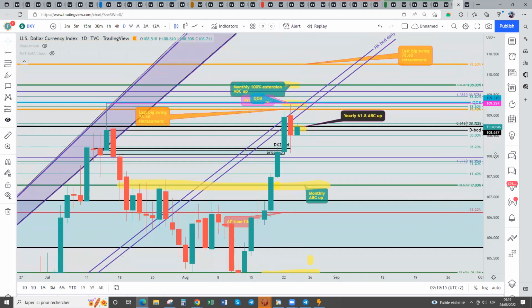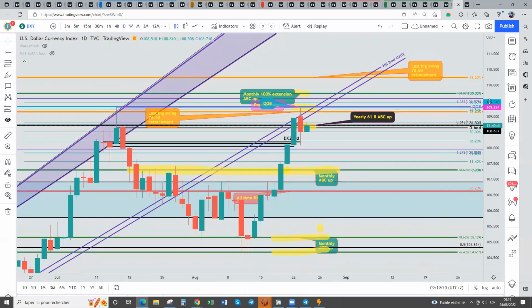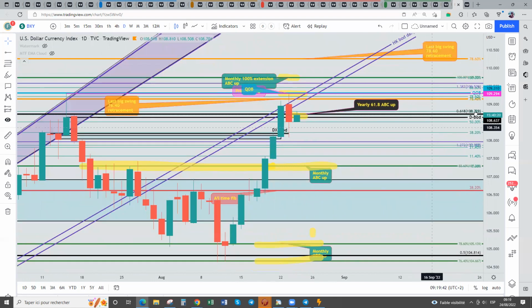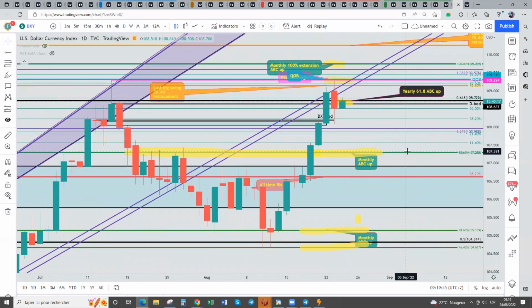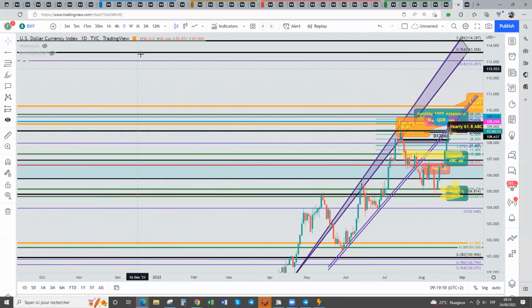Inside this week, with the Jackson Hole symposium and the central banker meetings, especially the Powell speech on Friday, which will be important, if we were to break higher again with a spike and touch this 1-to-1 monthly extension, that would be really perfect, because it's the very big ABC up that we have here.